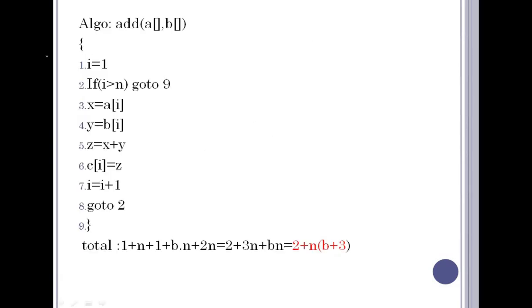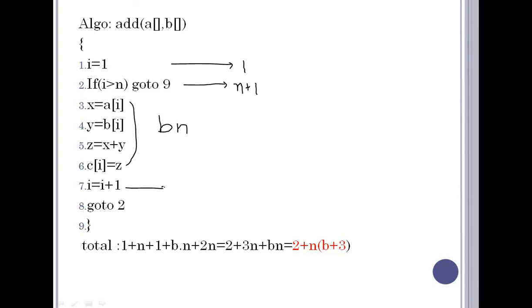So for this particular line I require one step. Over here this will execute n plus 1 times, because for the last unsuccessful condition it is again 1. Suppose these are the B statements. This B statement is going to execute n times, so B statements are there and they will execute n times, so Bn.